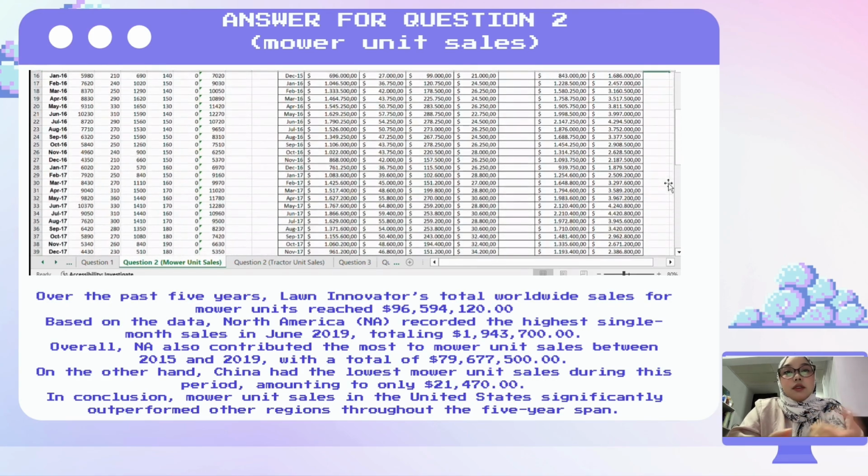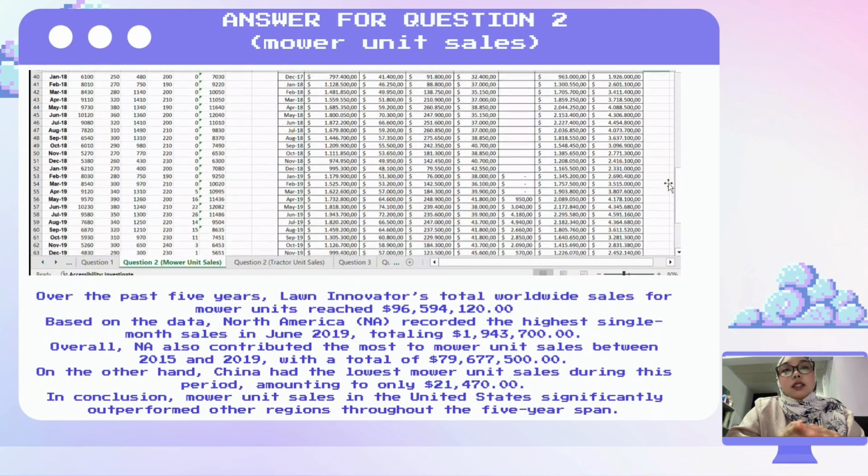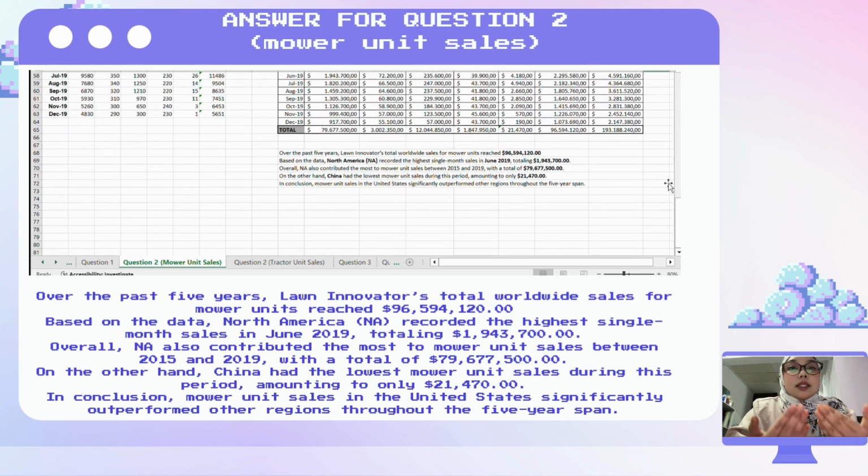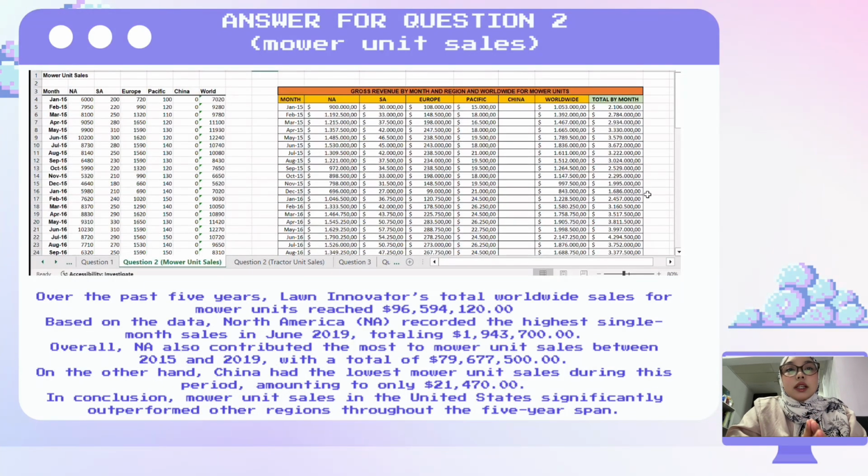Over the past 5 years, Lawn Innovator total worldwide sales for mower units reached 96,594,120 USD. Based on the data, North America recorded the highest single month sales in June 2019, totaling 1,943,700 USD.